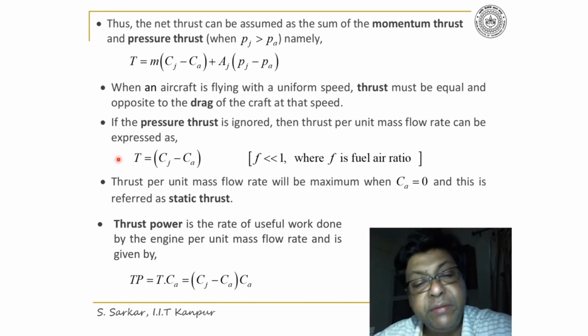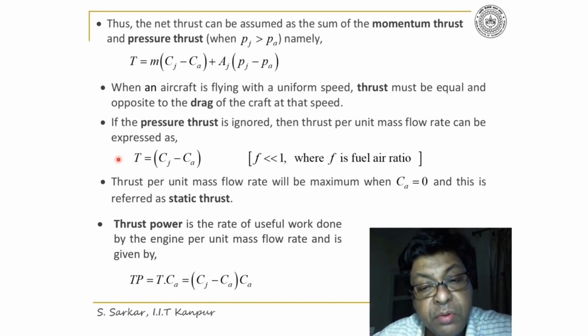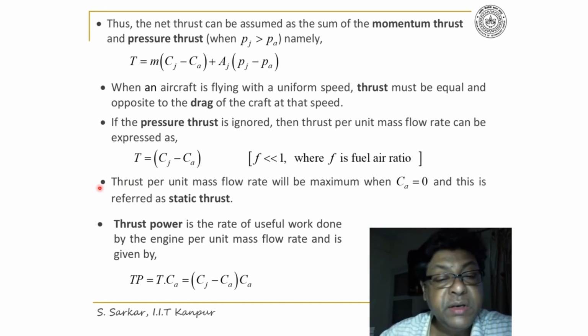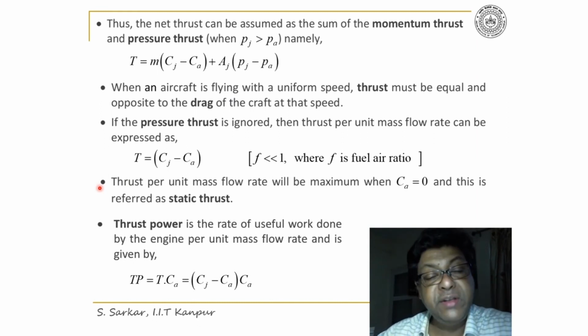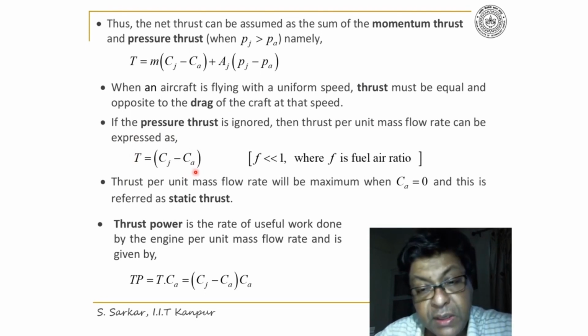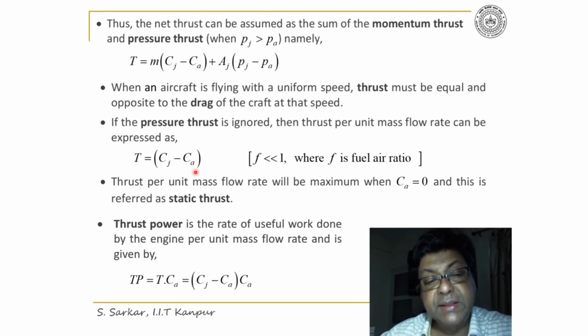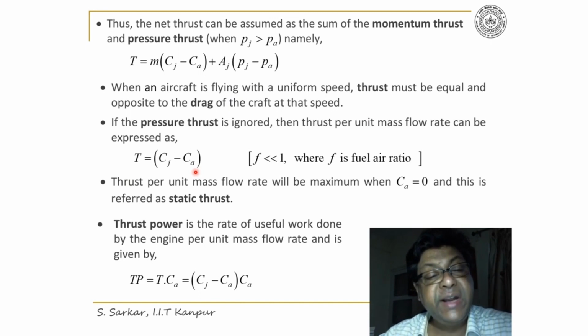Now in this case, I have assumed the fuel air ratio is small. Now, the thrust per unit mass flow rate will be maximum when Ca is equal to 0. From this expression, we can understand this maximum thrust when Ca is equal to 0 is referred to as the static thrust.